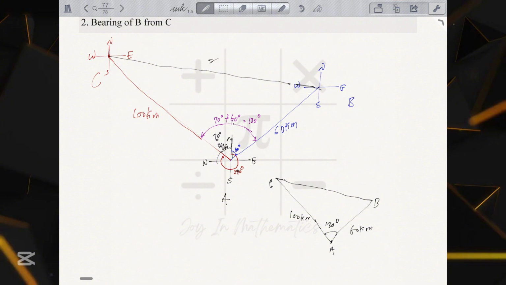Let's call it X. Or for more ease, we say X is equal to a, just like in the cosine rule, b is equal to 100, and c is equal to 60.